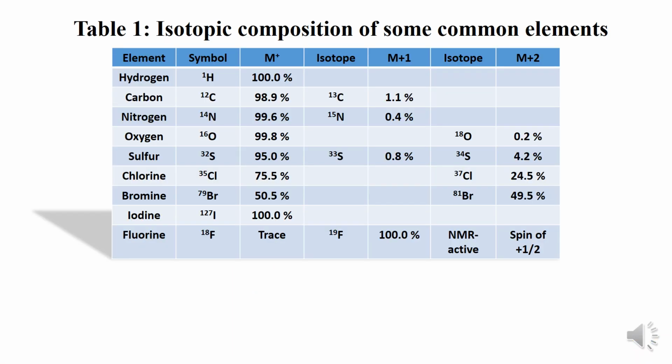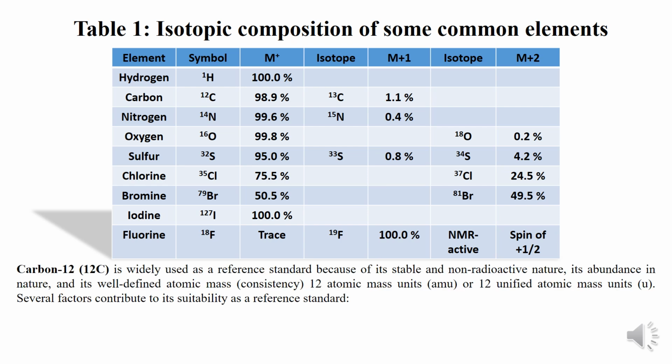So here is the isotopic composition of some common elements. The carbon-12 isotope is widely used as a reference standard because of its stability, non-reactive nature, its abundance in nature, and its well-defined atomic mass.